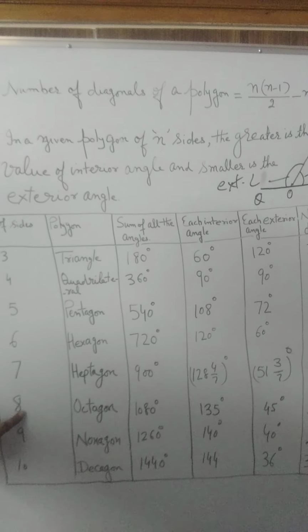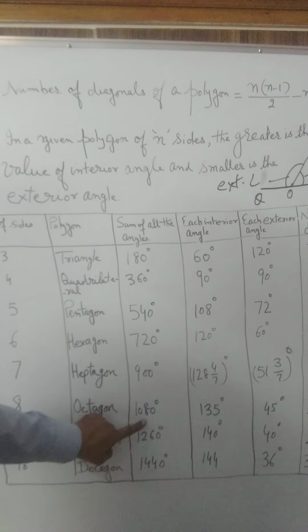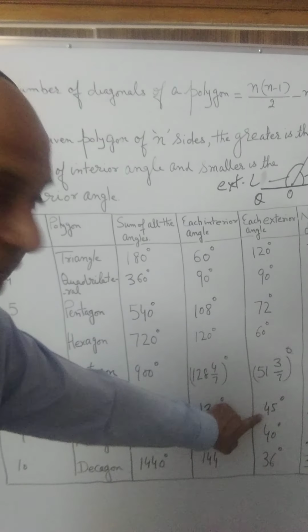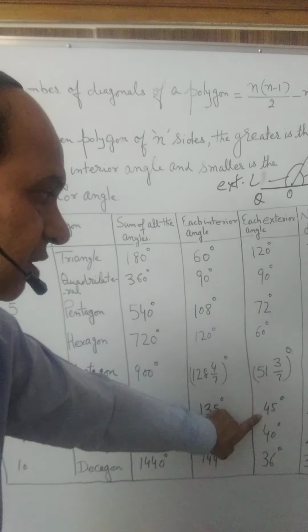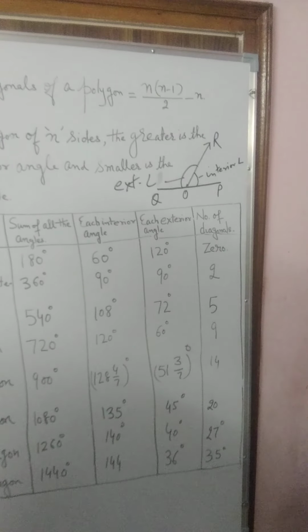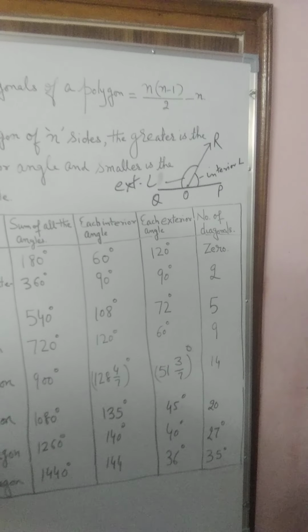Now we come to octagon. Octagon has 8 sides. Sum of all the angles is 1080 degrees, and each interior angle is 135 degrees, and each exterior angle will be 45 degrees, and it has 20 diagonals. If we see carefully, we can revise it also, we can remember it also again.